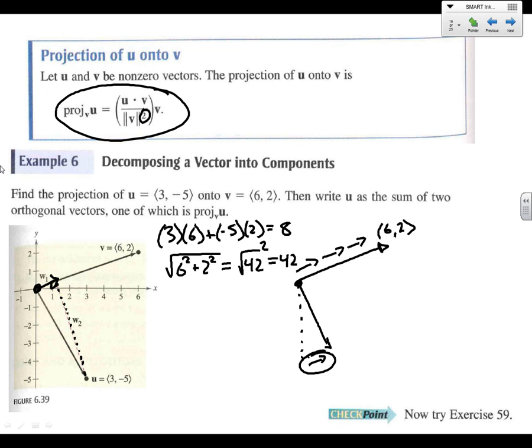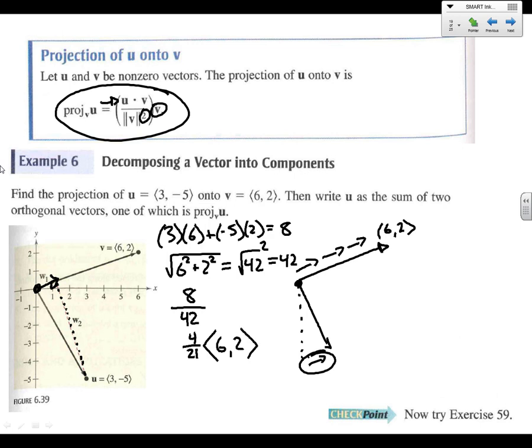So my dot product was 8. That's the top of the formula. My magnitude squared was 40. 8 over 40, they're both even. That's 1 over 5. Times the original vector, my original vector 6 comma 2.